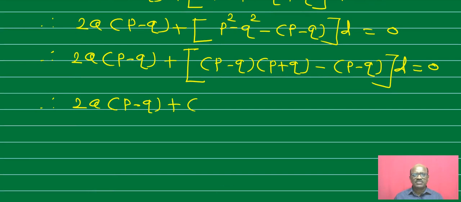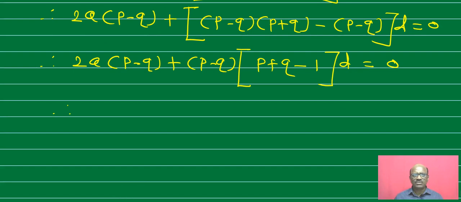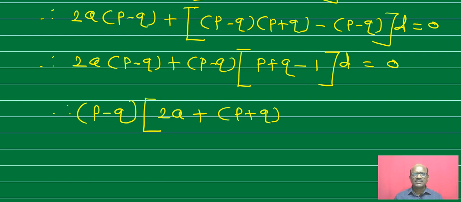That is 2a in bracket p minus q plus p minus q in bracket p plus q minus 1 into d. Therefore, take p minus q overall from these two terms. That is, you will get p minus q in bracket 2a plus p plus q minus 1 bracket complete into d equals to 0.